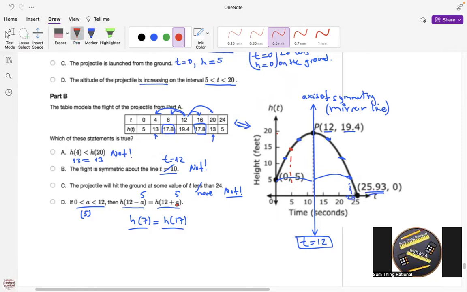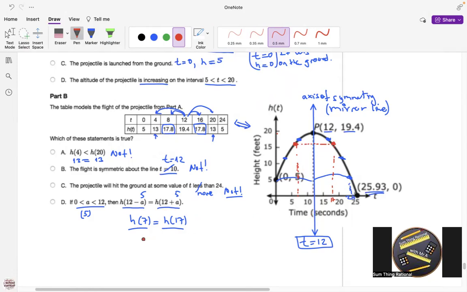Oh, sorry, 7, not 5. Okay? So 7 is somewhere here, slightly less than 8, which is given. And 17 is somewhere here. So when we see here, the height of the projectile at 7 seconds and at 17 seconds will be the same, because 12 is acting as the axis of symmetry.